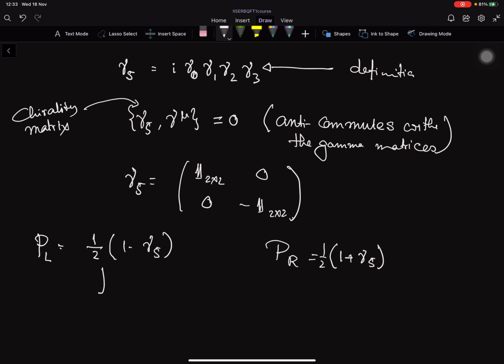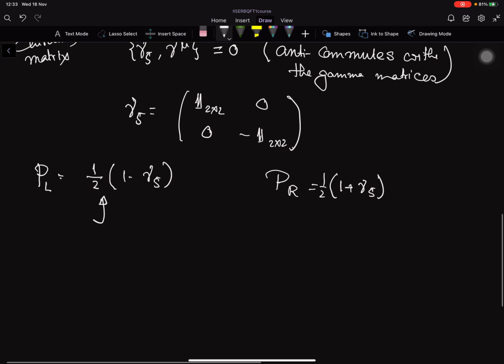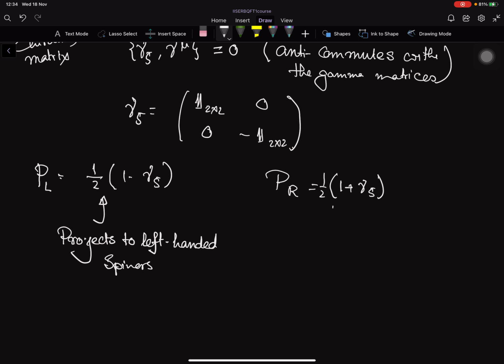Okay, so this projects to left-handed spinors. This projects to right-handed spinors.